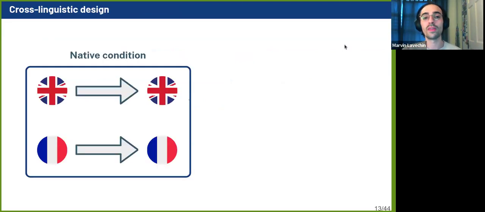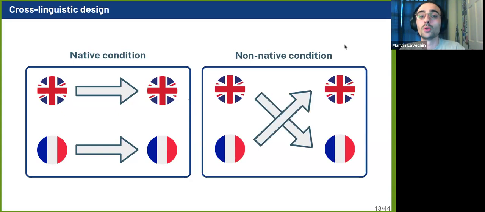So we follow the methodology that is used in psycholinguistics. We use a cross-linguistic design in which we train a model on English, a model on French, and we evaluate them on their native language. So this is the native condition, but we also evaluate them across languages. So this is the non-native condition.